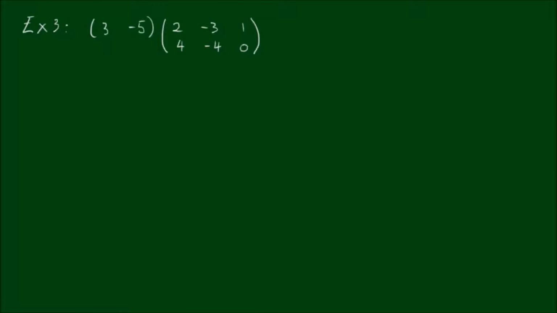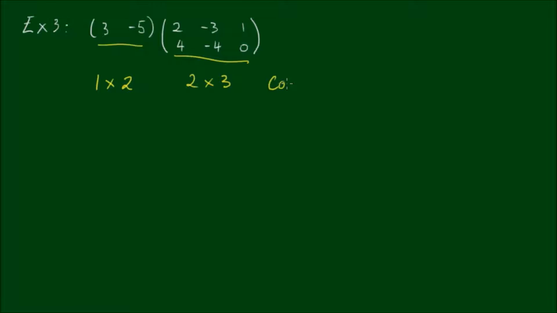Alright, let's do one more example to wrap up this video. Let's find the product between these two matrices. Now before we start, we need to check if multiplication is defined for these two matrices. So we have a 1 by 2 matrix and a 2 by 3 matrix, 2 rows and 3 columns.